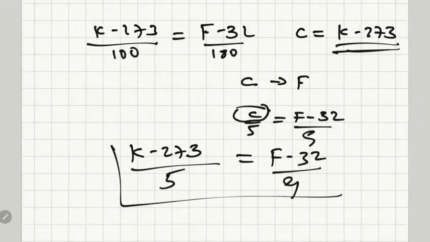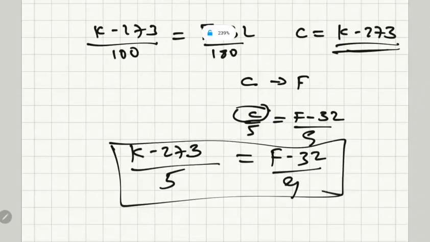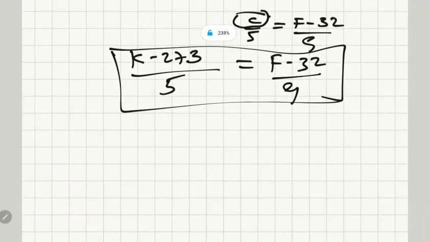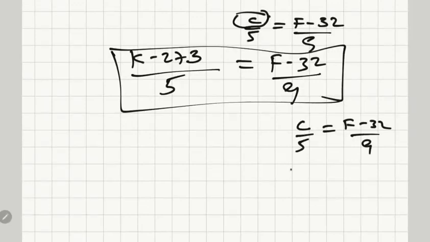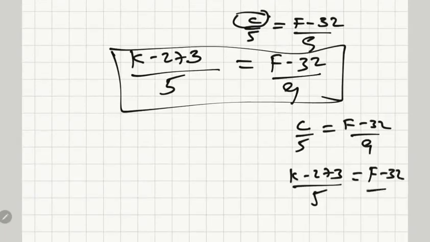So this is the direct mathematical relation between the Kelvin reading and the Fahrenheit reading. The basic thing to remember is C over 5 is F minus 32 over 9. So instead of C, I can use K minus 273 over 5 is equal to F minus 32 over 9. This is a simple relationship between Kelvin and Fahrenheit.